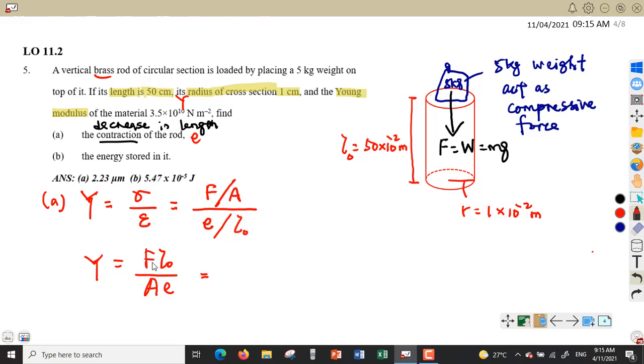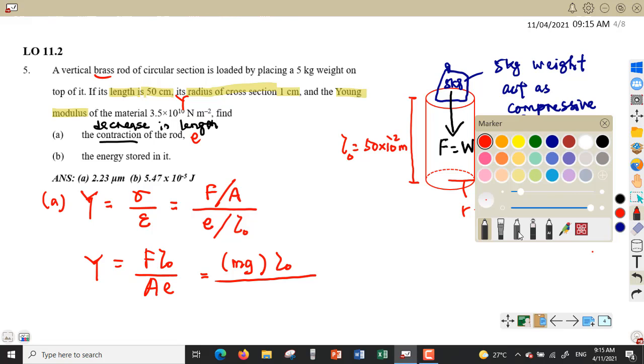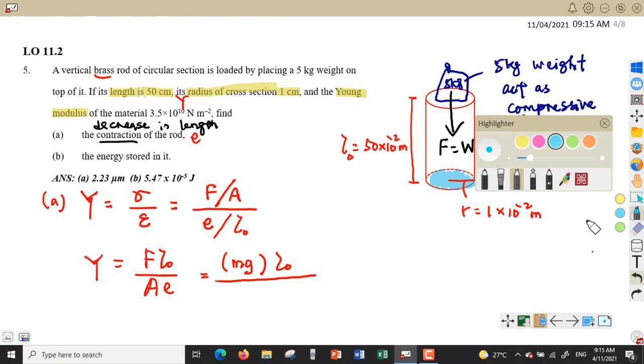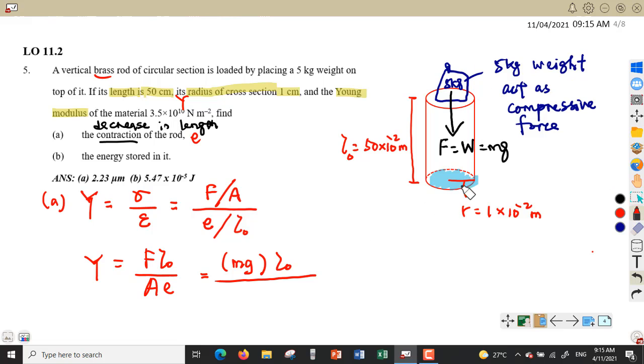So the compressive force here is the weight of the load 5 kg. So force here is weight, which is mg, mass times the acceleration due to gravity, original length L0 over the cross-sectional area. How do we find this cross-sectional area? The cross-sectional area of the rod is a circle, so the area will be pi r squared, multiplied with the contraction e.